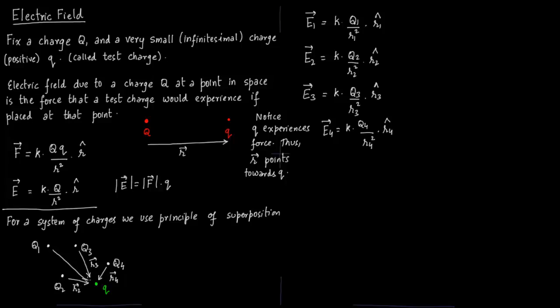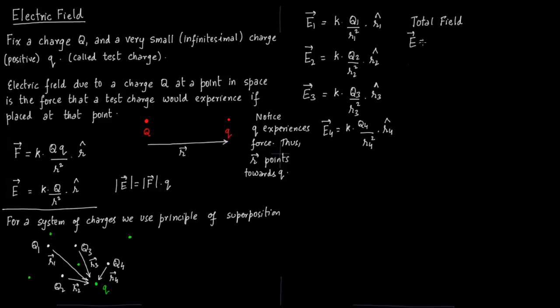So you keep varying the position of the test charge, you keep on putting it at different places and you keep finding the value of the electric field there. So say you can put the test charge here or here or here or here, and accordingly R1 vector, R2 vector, R3 vector and R4 vector will change, and therefore you will get a different value of the field for each of the charges. So the total field would now be the sum of these fields.